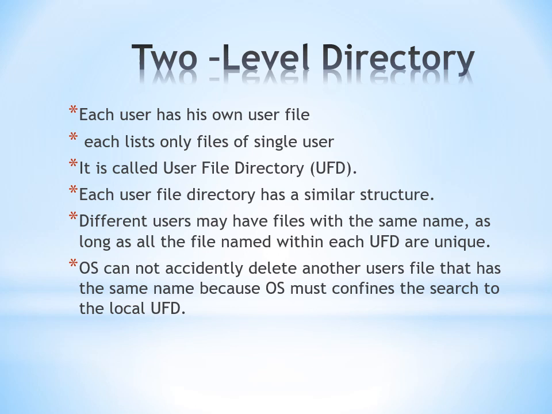Different users may have a file with the same name, as long as the files within each UFD are unique. The operating system cannot accidentally delete another user's file that has the same name, because the operating system confines the search to the local UFD, the user file directory.